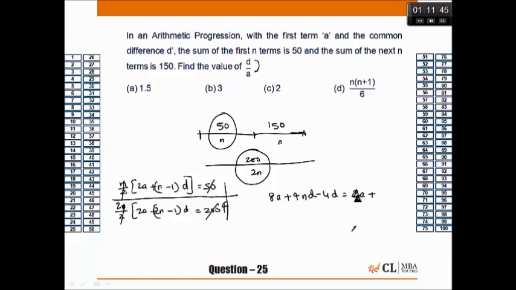So 4a plus 4nd minus 2d. 4nd gets cancelled, so 4a would be equal to 2d. What we need to find out is d by a. So d by a should be equal to 2.